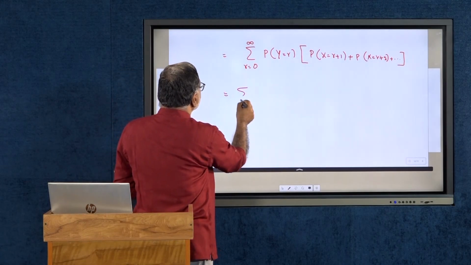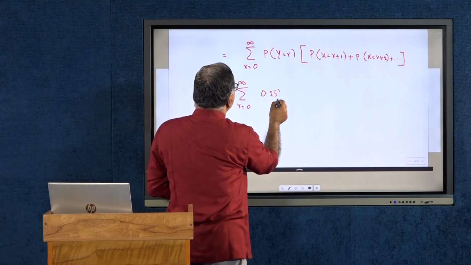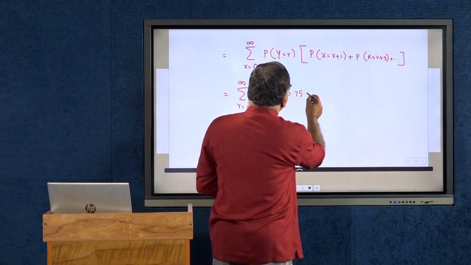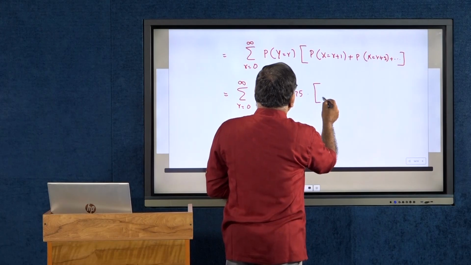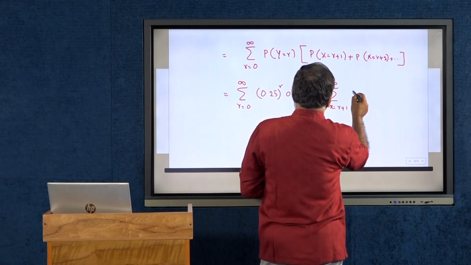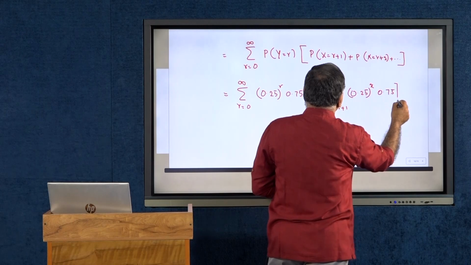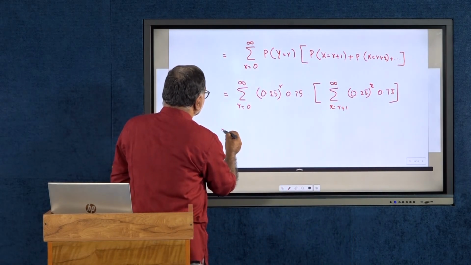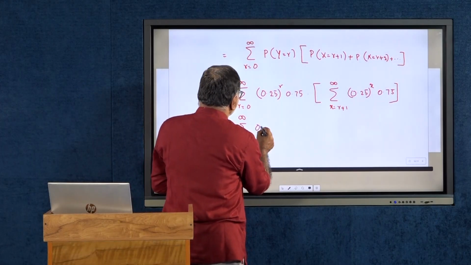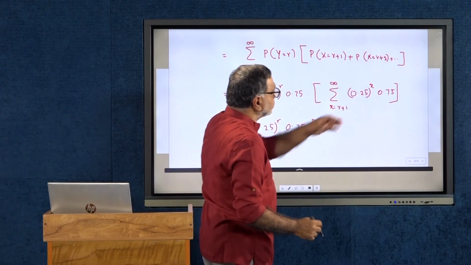So, sum over R equal to 0 to infinity, the probability of Y equal to R means 0.25 to the power R into 0.75, the given value, into the sum over X equal to R plus 1 to infinity of 0.25 to the power X into 0.75. Just think of this expression.